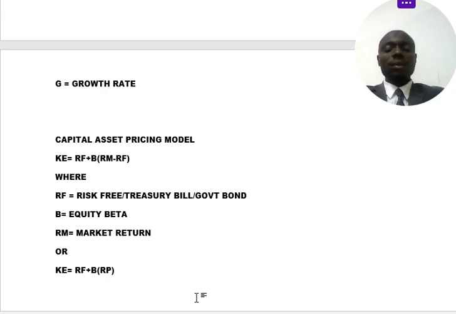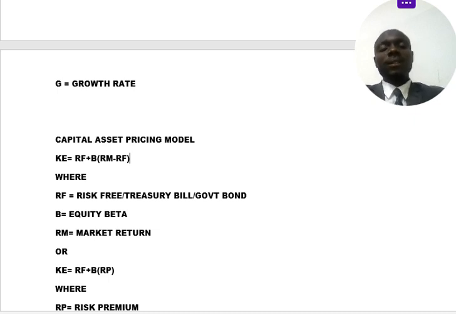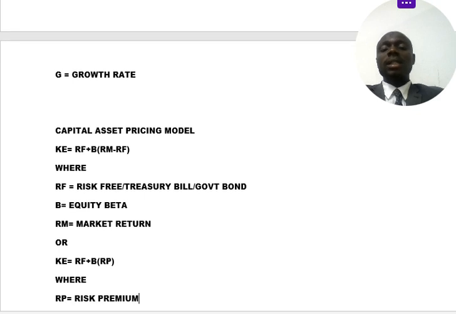So this is how to determine the cost of equity, where RP equals risk premium. Now, the risk premium means the difference between the market return and the risk-free. So if you invest in shares, the additional money you get from investing in that share is the risk premium.